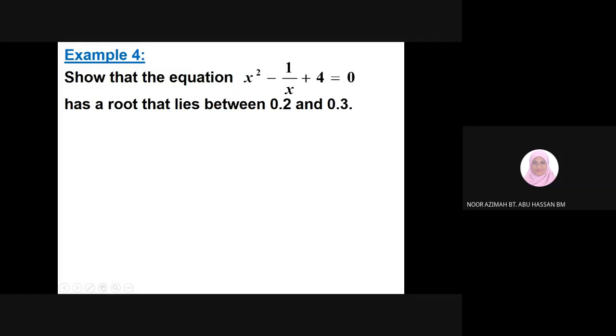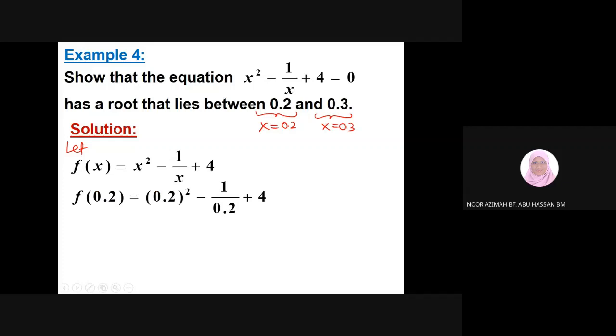Okay, so the first thing, you need to let this function be f(x). So let f(x) equal to the function given. And then you substitute the values of x at 0.2 and x at 0.3.